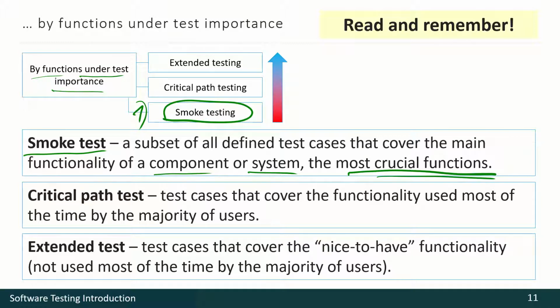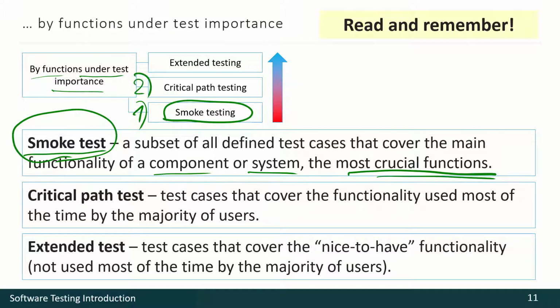For instance, imagine a mobile phone that doesn't power on, or a mobile phone that has a faulty screen or microphone. With such defects, it is impossible to use this device, and that's the illustration of these crucial ideas the smoke test is concentrated on.